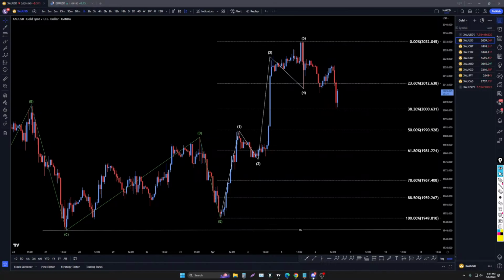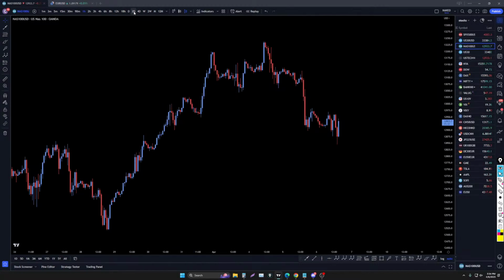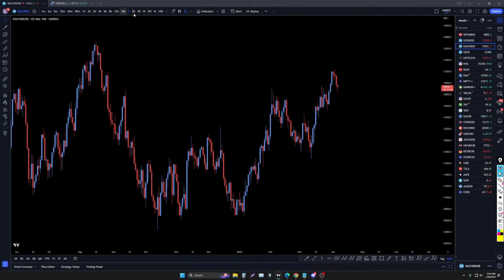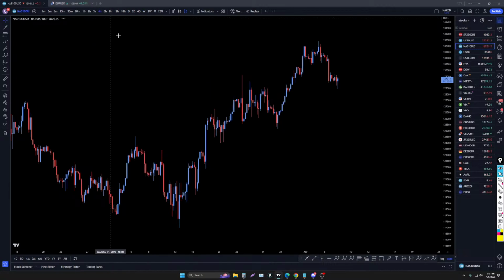It's definitely gold. NASDAQ. He wants me to look at NASDAQ real quick. I guess we got a few seconds to do that. I still think this is going up. It looks like a trend. Definitely looks like a 1, 2, 3, 4, 5.